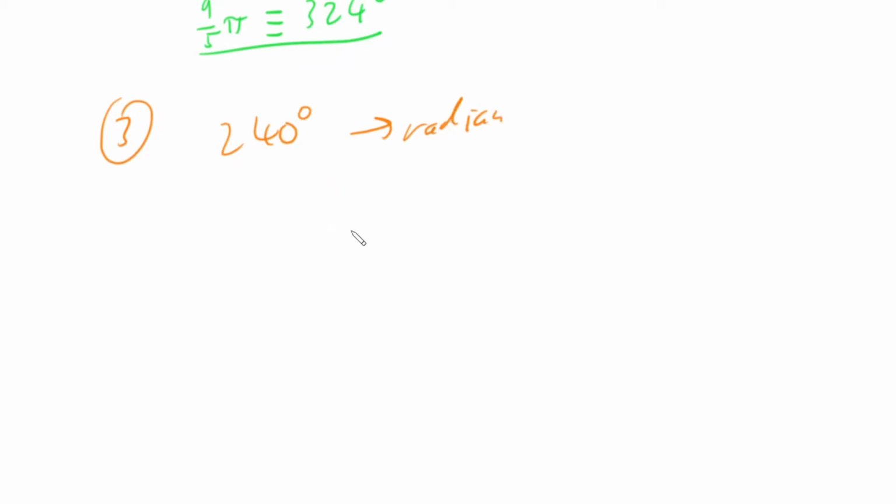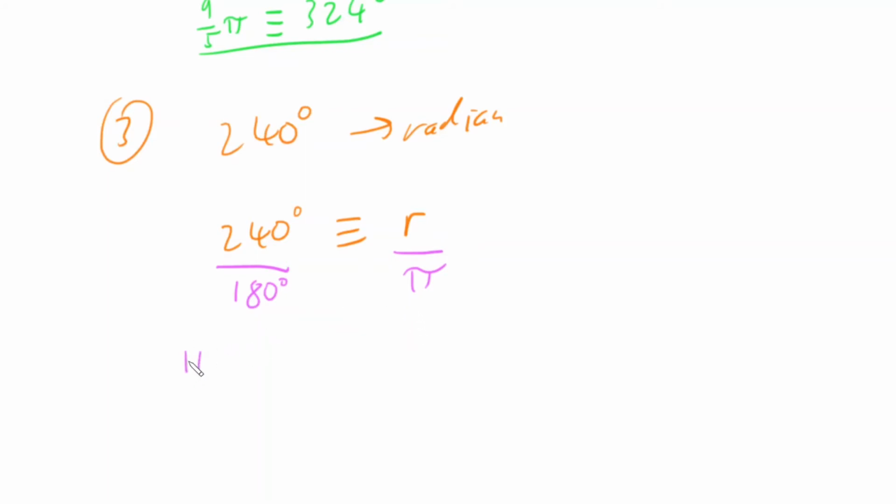Now, we could work out what 240 is out of 360, and that would give us a fraction of 2 pi, but let's just keep with the same trick we've been using. I know that 240 degrees is equivalent to some unknown radians. I'm just going to use R for radians. If I divide degrees by degrees and radians by radians, I've got this.